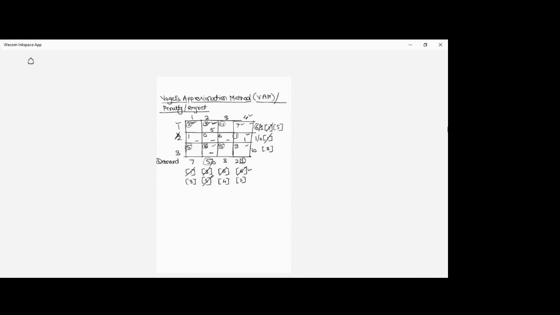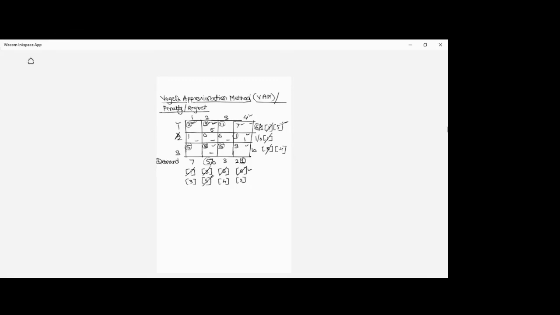In row 3, the penalty is going to change, and the penalty now here is 9 minus 5, and it is equal to 4. Right, now amongst all this, we are going to consider the penalty with the highest value, and that penalty is 5. Right, so we have got this as the penalty.